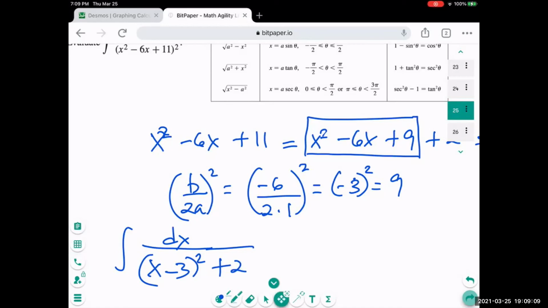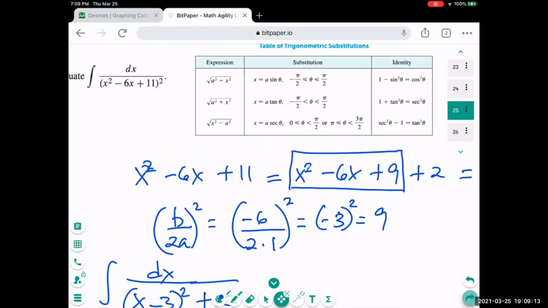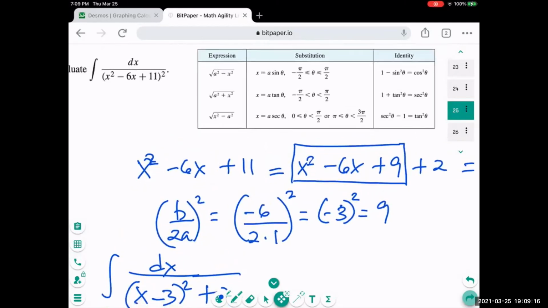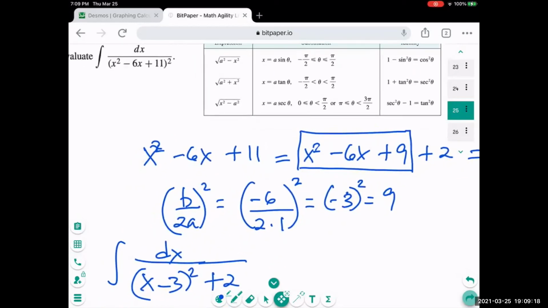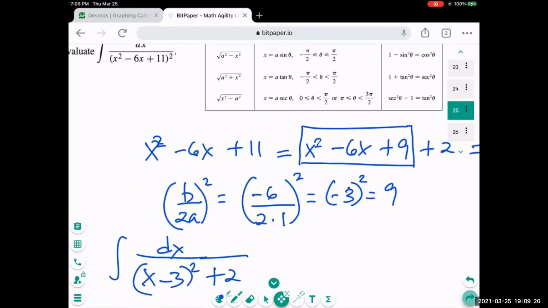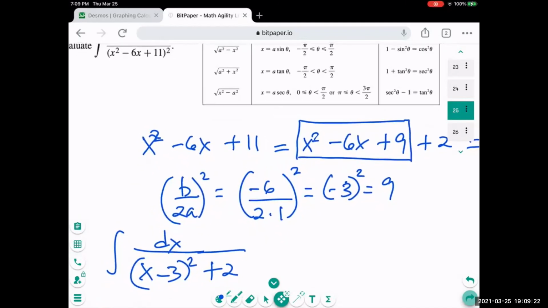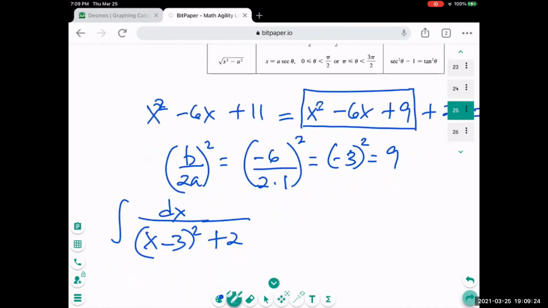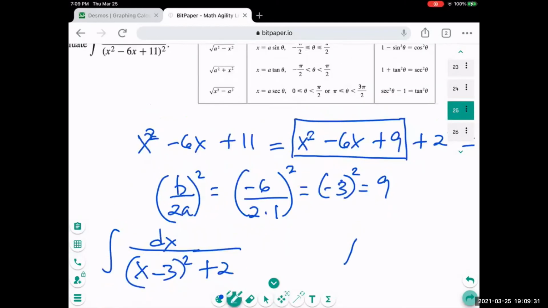So, ang lumalabas, yung ating variable would be x minus 3, and then yung constant natin, a squared, is 2. So, ito yung gagamitin na natin, yung second expression, right? Because this is a plus.